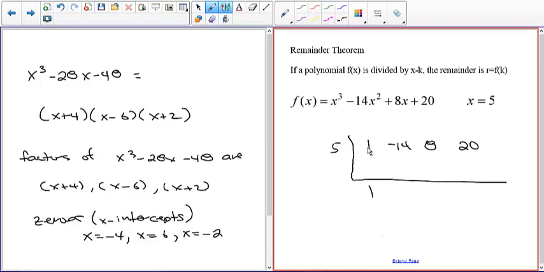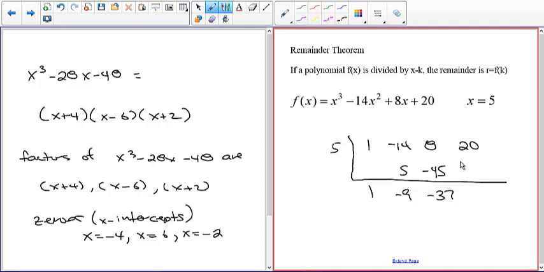So we bring that down. 5 times 1 is 5. Negative 14 plus 5 is negative 9. 5 times negative 9 is negative 45. 8 minus 45 is negative 37. 5 times negative 37 is, what is it?